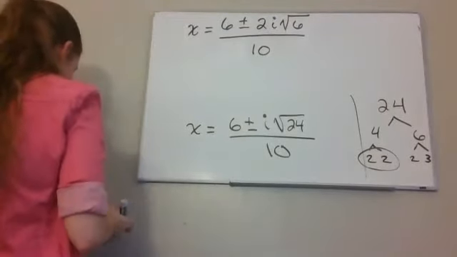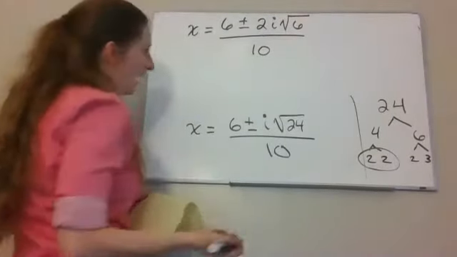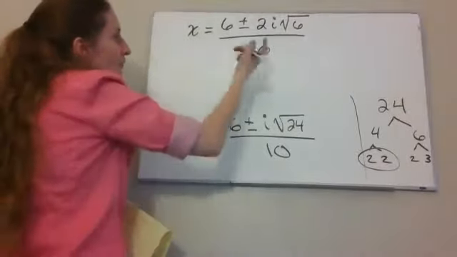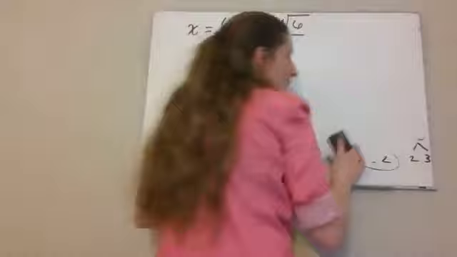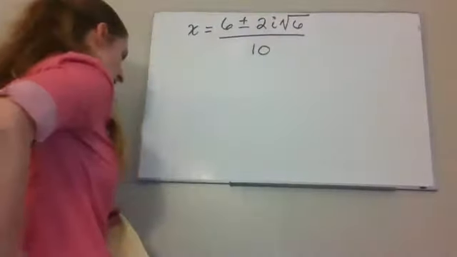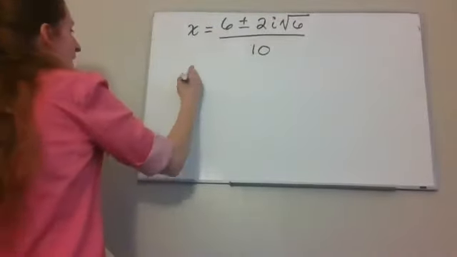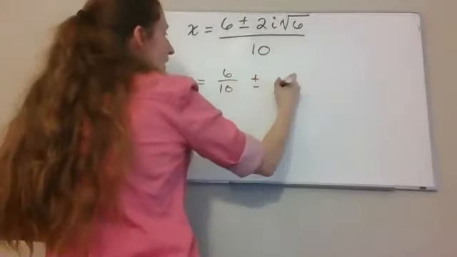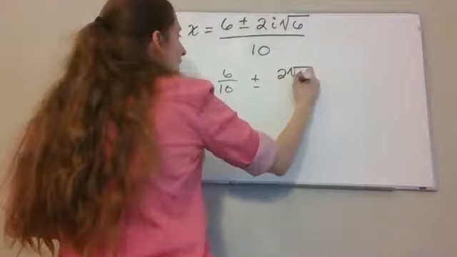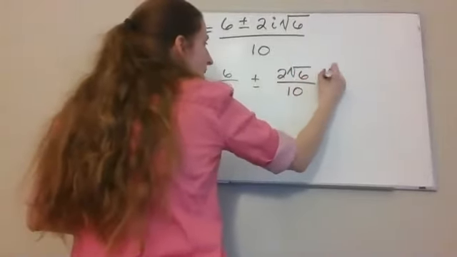And I can simplify this and write it in the form a plus bi if I split it into 2 fractions and then simplify as much as I can. So splitting it up, I have x equals 6 over 10 plus or minus 2 root 6 over 10 times my i.